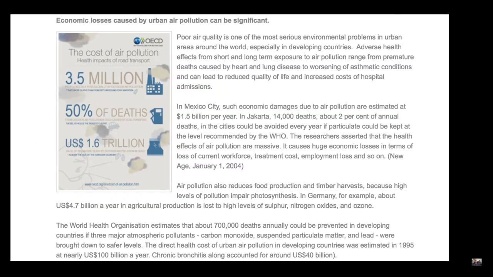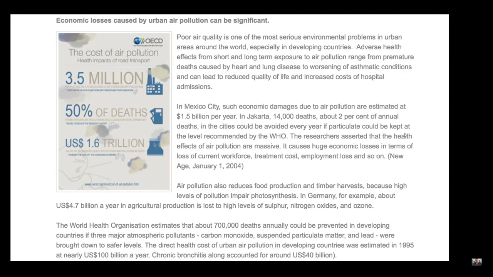And then we're getting to the end of this, but what I'm really stressing is, we know that smog and these chemicals are bad for living organisms, but even if we don't care about our neighbors, even if we don't care about our health, or we live in a nice house that has nice, clean air, you have to think about the economic loss caused by urban air pollution, right?